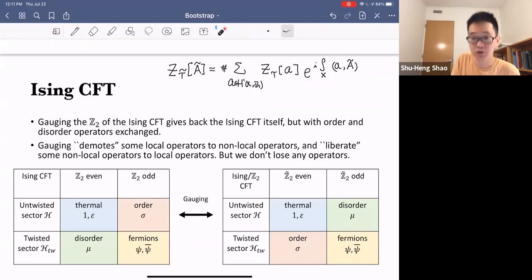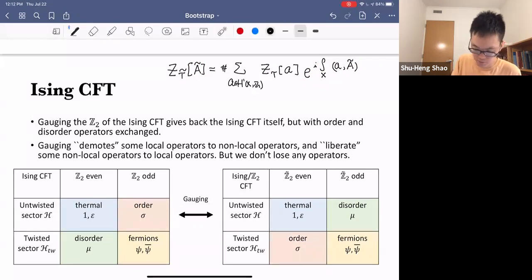This is the intersection pairing between the two one-forms on your Riemann surface. So you can turn it off, then we're just doing gauging. But then you can choose to add such a coupling, and then the partition function depends on A tilde. And this is actually the way that the Z2 tilde is defined.